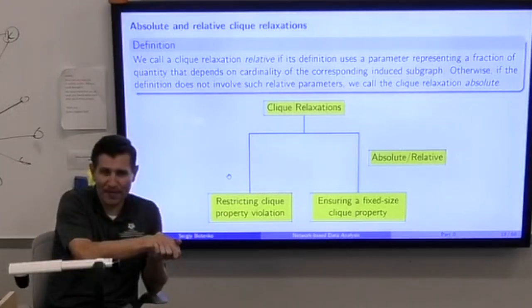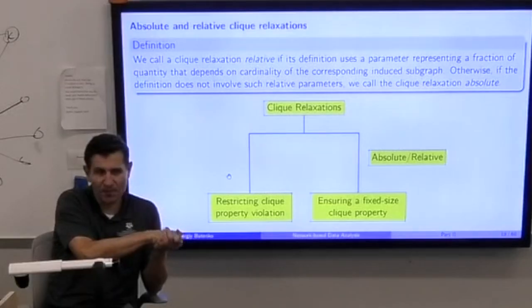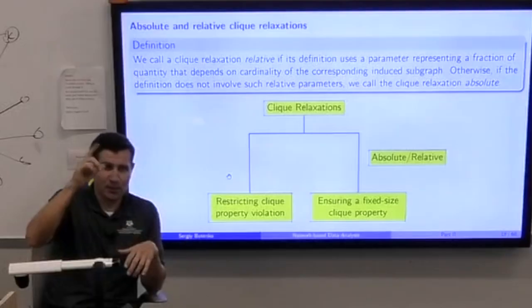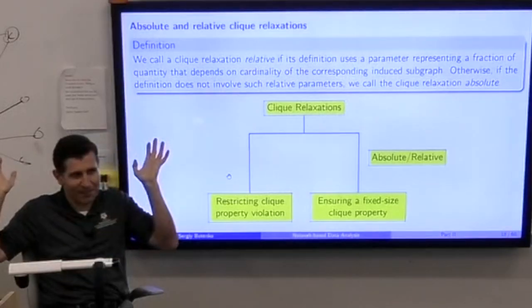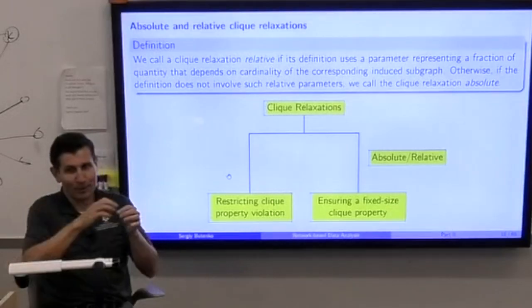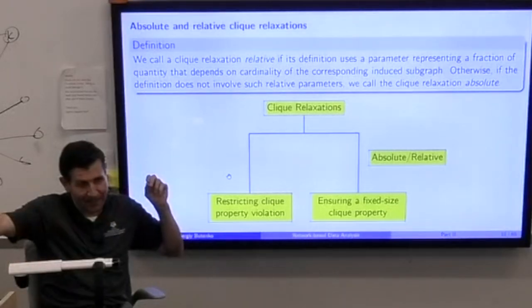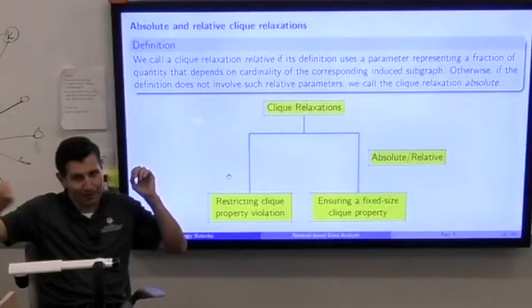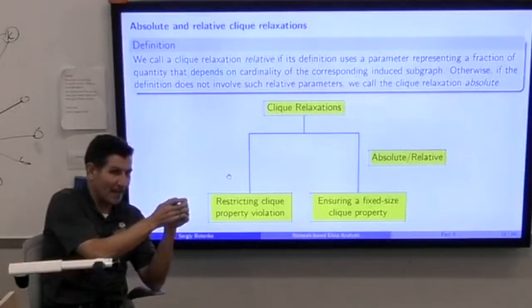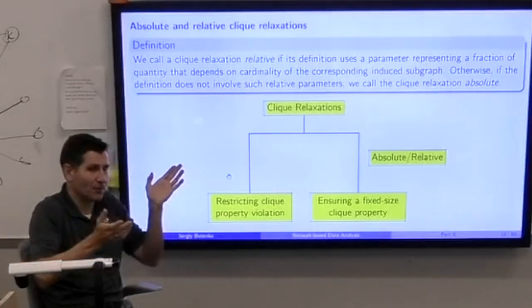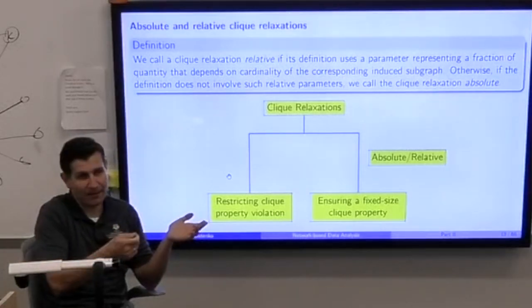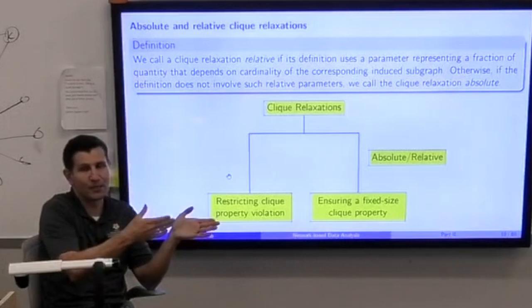You could say that the diameter of the induced subgraph is no more than 0.3 times the cardinality of the set or something like this, right? So look at the largest possible diameter that you could have. The largest possible diameter is going to be given by cardinality minus 1, and require that it's no more than a certain percentage of the largest possible.